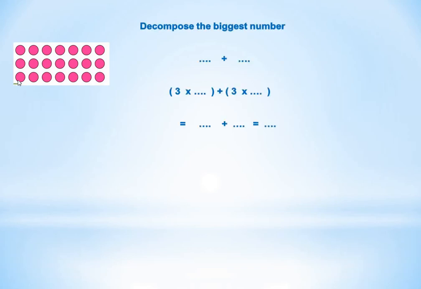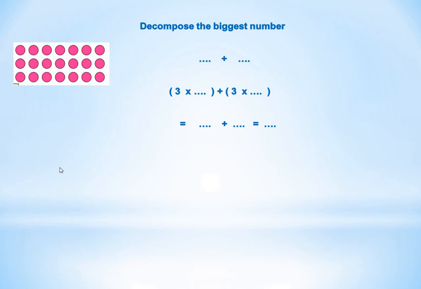Let's solve another exercise. In this array, here we have the long side or the short side. Excellent, it's the long side. The short side never changes. So number 3, the small number, never changes. So we put here 3 and 3. We decompose the big number. Let's count how many circles are in the long side. 1, 2, 3, 4, 5, 6, and 7.